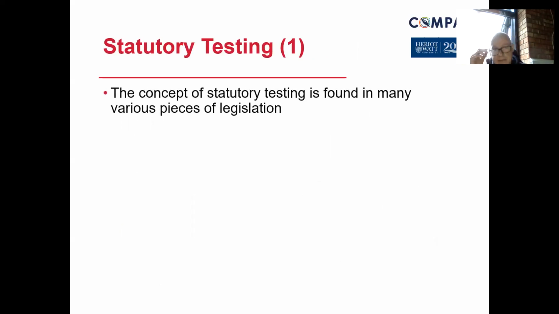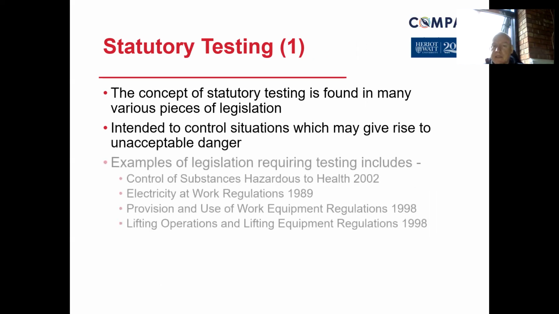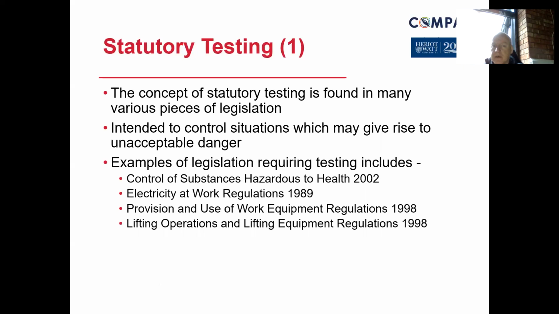And then there's the concept associated with statutory testing. When you have these in place, whether it's LOLA or otherwise, it could be gas or pressure testing and so on, those conditions are checked out. We've got a couple of examples in regulations there, and I've talked about LOLA to some degree.